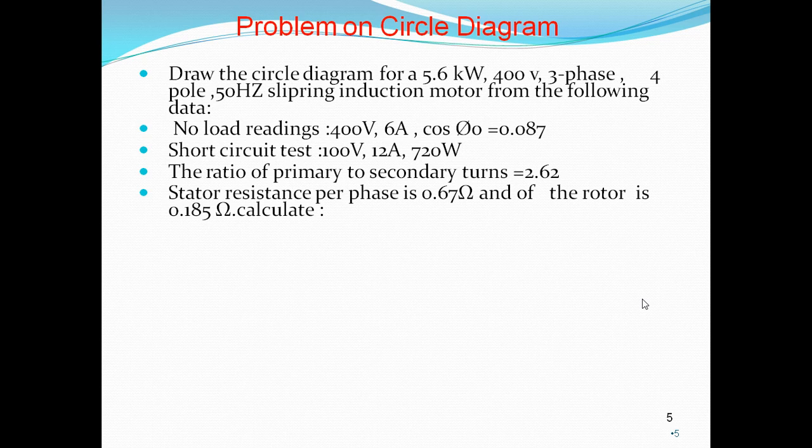Similarly, we have to do the short circuit test, or blocked rotor test. This blocked rotor test is equivalent to the short circuit test of a transformer. In a transformer we short circuit the secondary, but in this case we block the rotor. How will you block it?